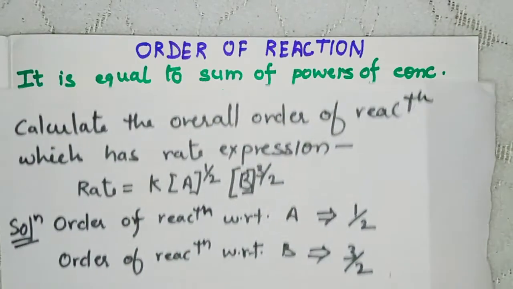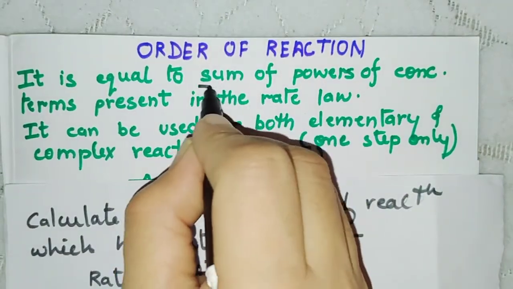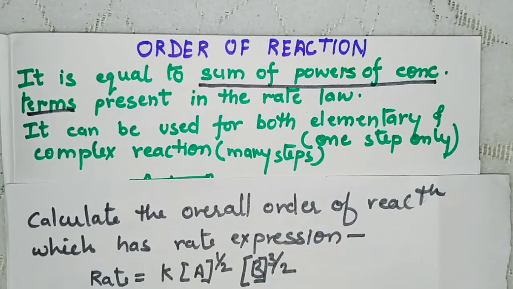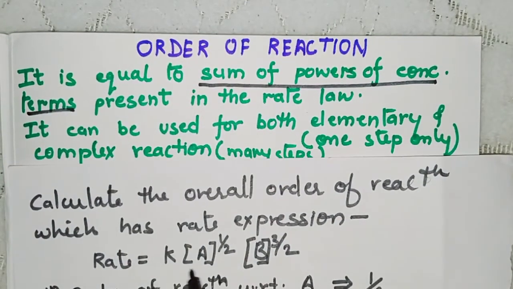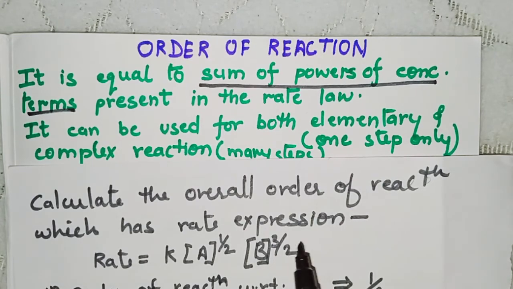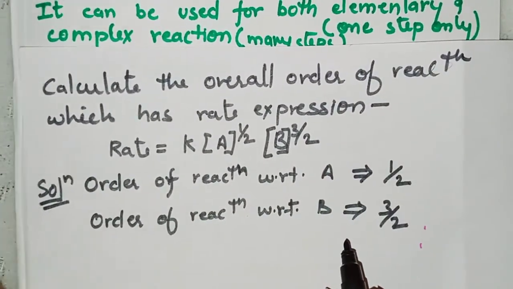What I told you is that it is a sum of powers of concentration terms present in the rate law. See here, this is our rate law. To find the order of reaction, we simply have to add this power and this power, and whatever answer we get will be the order of reaction.